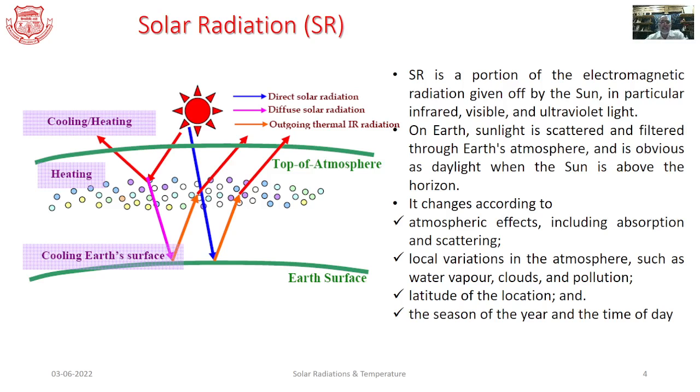The solar radiations which will be reaching the Earth's surface will change according to the location of a particular place, and also according to the day, time, and even the season of the year.